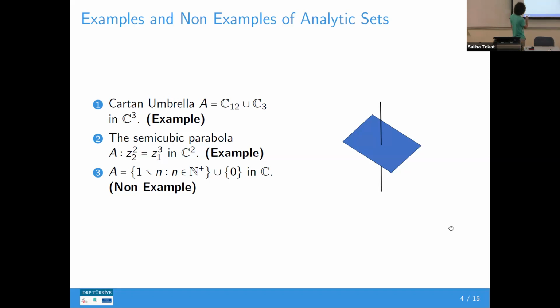And our second example is the semi-cubic parabola. The set is defined like this, and if you subtract the cube from both sides, you get a polynomial on the left-hand side, and this polynomial is of course a holomorphic function in C2.